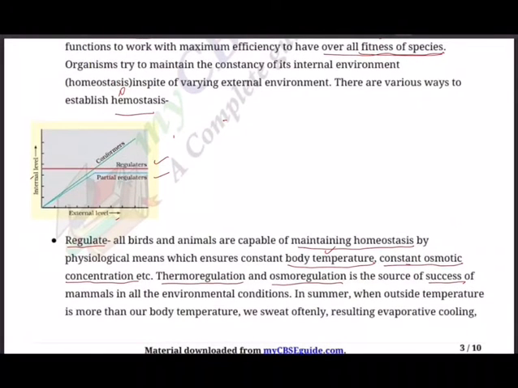So basically we have three types of organisms in a given ecosystem. One is the regulators, which maintain constancy by undergoing physiological, biochemical and morphological adaptations. So they regulate their body temperature or internal constant environment. And some of them are conformers and some are partial regulators. What are regulators?